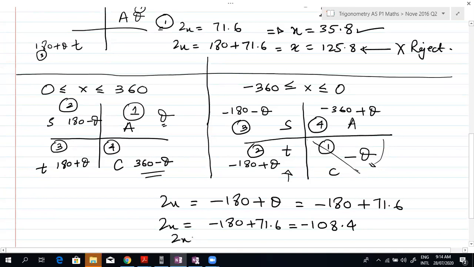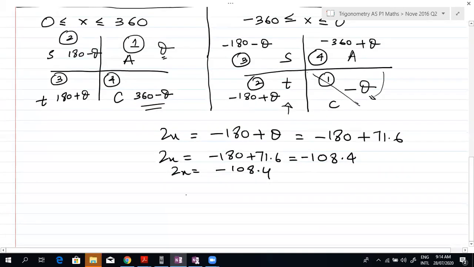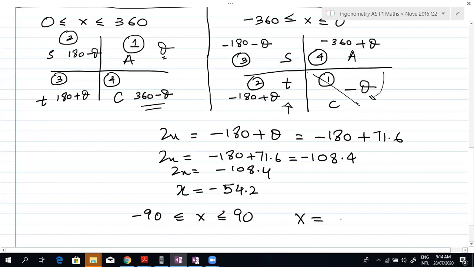So 2x is equal to negative 108.4, and x, let me just use a calculator, is 54.2. So negative 54.2. Like the question said, we have to find the answer in this range. So our answer from the negative range is negative 54.2.